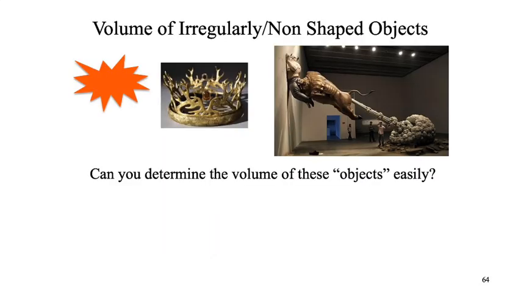Okay. So, volume of irregularly shaped objects. If we were to measure that little star-looking shape, we could pull out the mathematicians and they'd say, well, we could approximate this as an oval, and then we've got all these triangles, and we could do half the base times the height, all that fun stuff, add it all up, and we would get the volume. Yeah, we could.